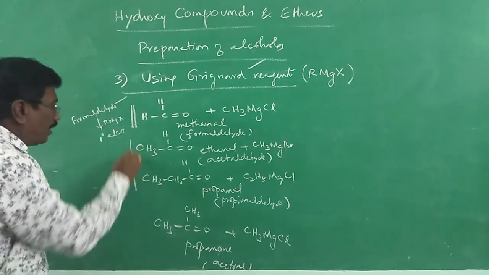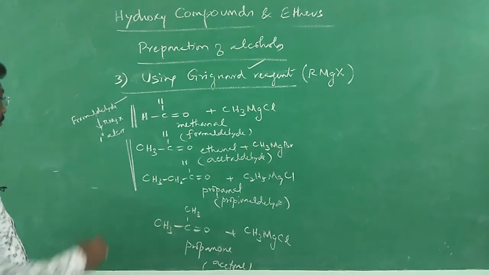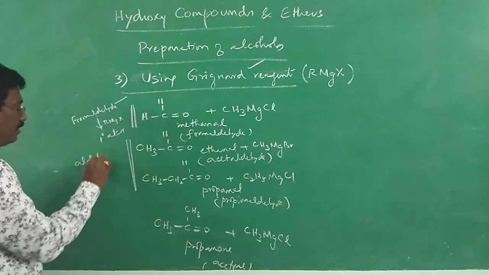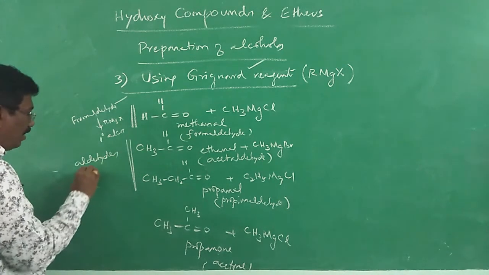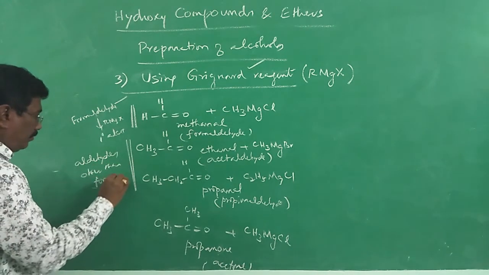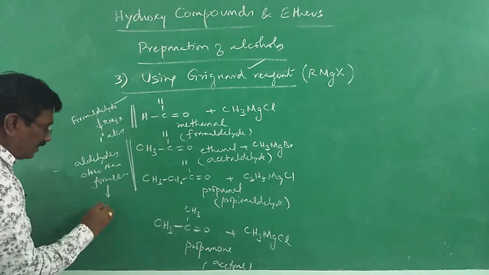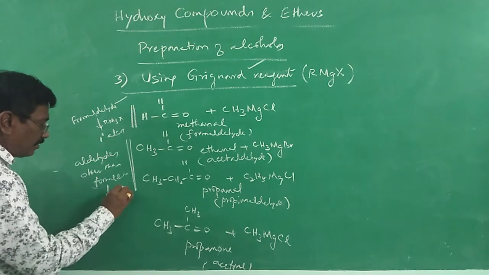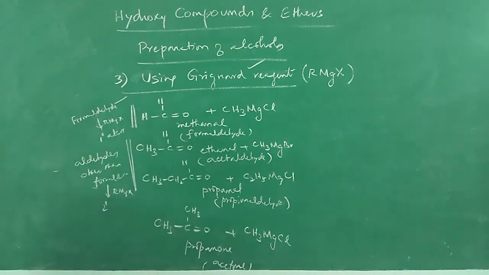Aldehydes other than formaldehyde, any aldehyde other than formaldehyde, give secondary alcohols with the Grignard reagent. Any Grignard reagent, it's not a matter. Whatever may be the Grignard reagent, you will be getting only a secondary alcohol.